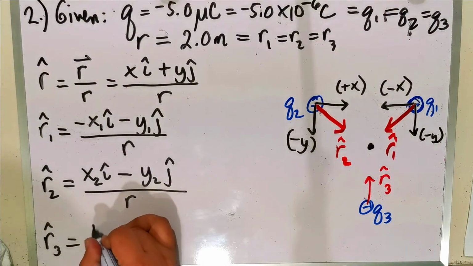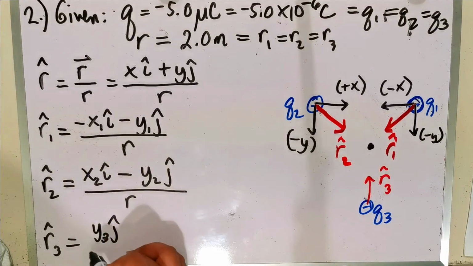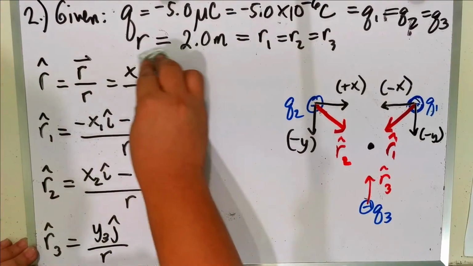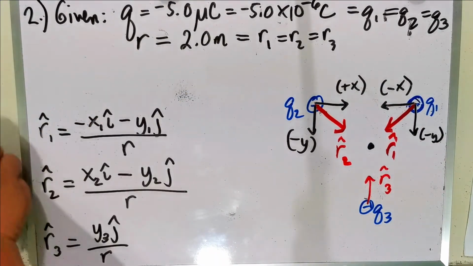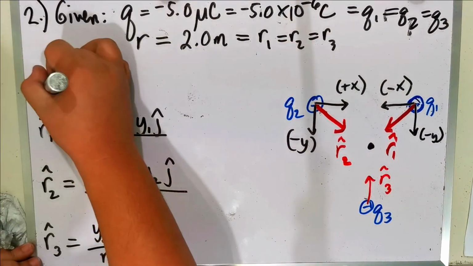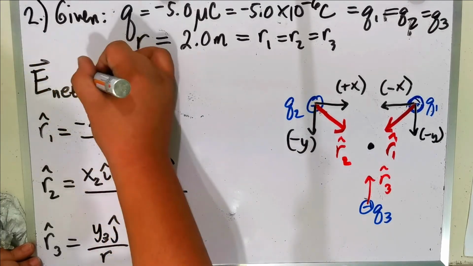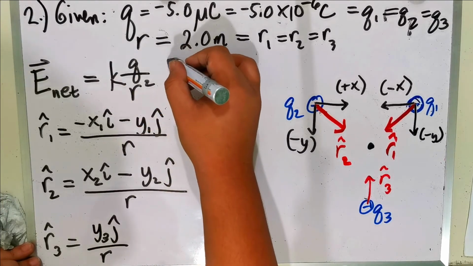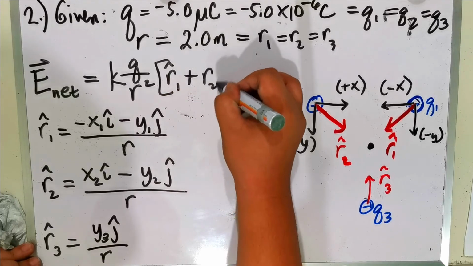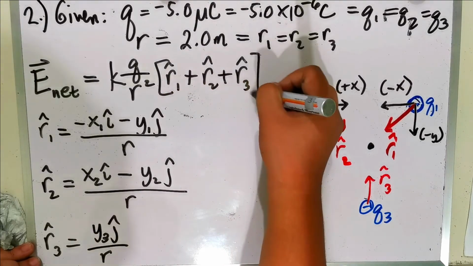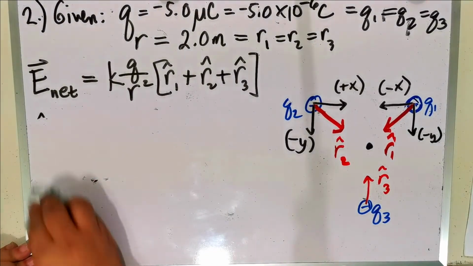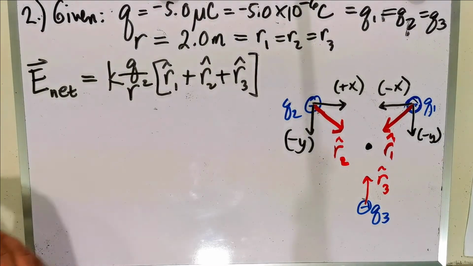So this is simply y sub 3 J hat all over r, and your y sub 3 is just upward. With these equations for r1, r2, and r3, if we plug them into the simplified equation of the net electric field, E equals K Q over R squared times R1 hat plus R2 hat plus R3 hat, the equation simplifies. Remember that R1 hat, R2 hat, and R3 hat all have the denominator R.